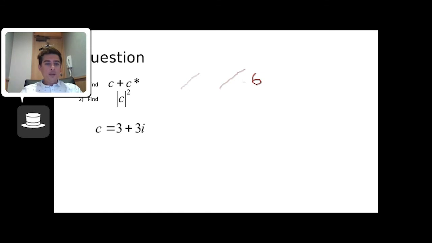Now let's find the absolute value squared of c. We can just do this from the definition. So this is c times c star, which is equal to 3 plus 3i times 3 minus 3i.